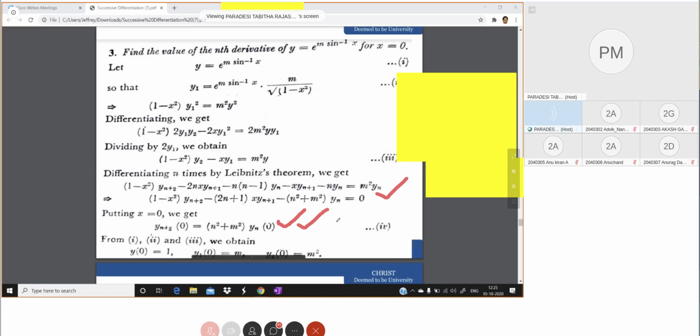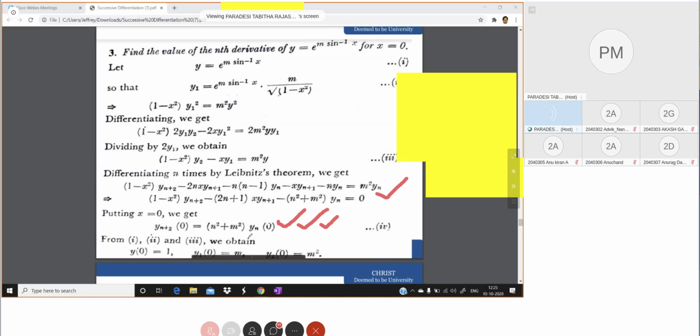Start with this one. To use this equation, let's first find the initial values of y of 0, y1 of 0, y2 of 0, and then start applying the equation, because we want to comment on the nth derivative at x equal to 0.